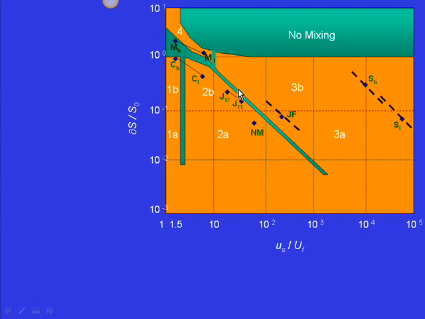The 17 is closer to the mouth, and this is closer to the river, I think. But what you see here is that it's a partially mixed estuary with some stratification. So that 10 to the minus 1 in the stratification parameter is the one that divides some stratification from weak stratification. So practically in the same area here in the James.